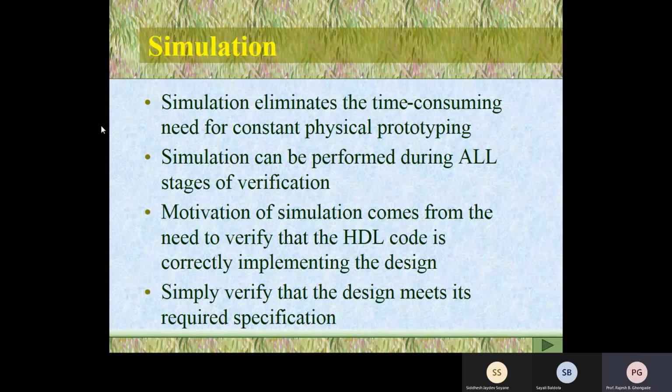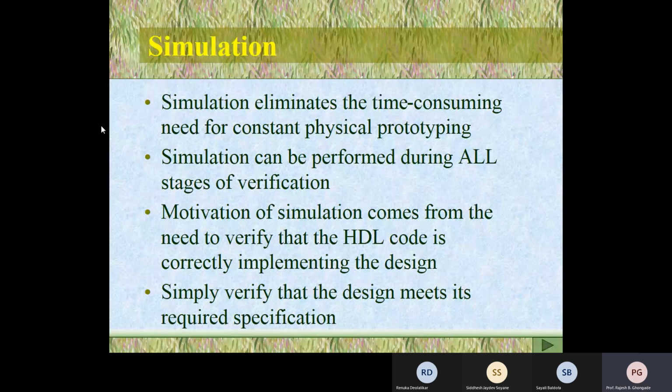So simulation can be performed during all stages of verification. Most of the time we have different modules. In larger companies and bigger projects, the entire design is not carried out by a single engineer. It's quite possible that your team leader, team manager, whatever you would like to call him, may disseminate some smaller tasks to his subordinates, and then later collate the small modules and build the bigger system.